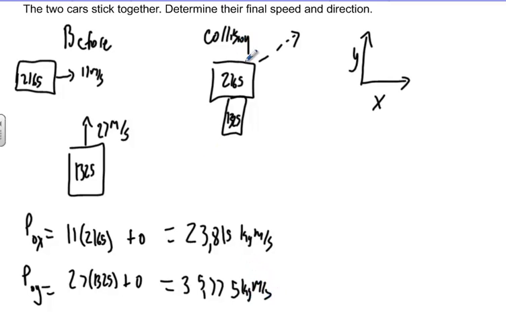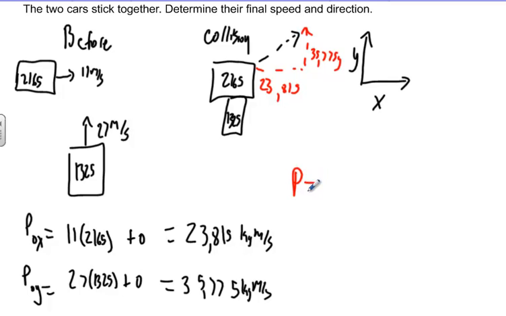Which means after we collide, that still has to be the case. So now I'm going to come over to my after picture and draw in my components. I have 35,775 in y, sorry, this is y, and I have 23,815 in x.